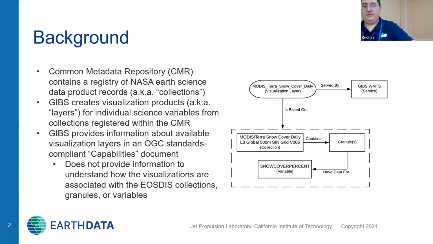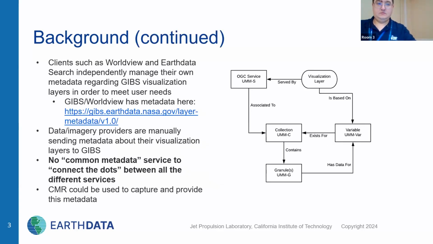As a standard WMTS service, GIBS also provides the capabilities file to describe the layers which are created. However, it does not provide information to understand how that particular visualization is associated with the original collection which was used to create such a layer. Next slide, please.